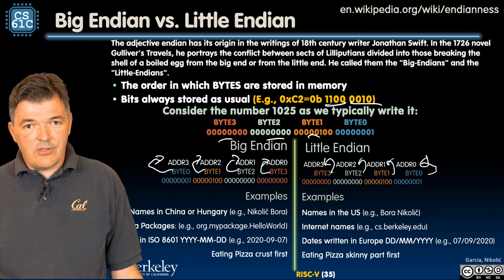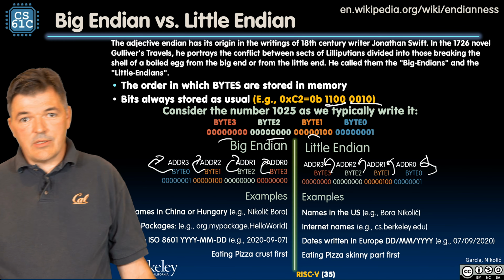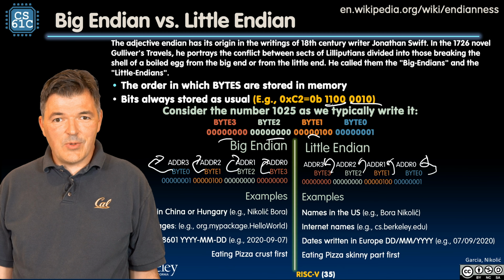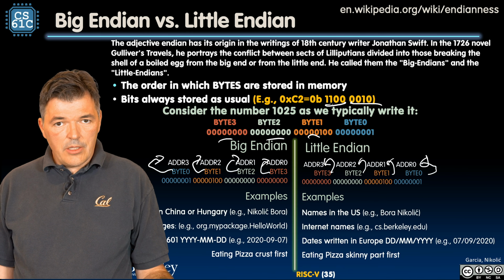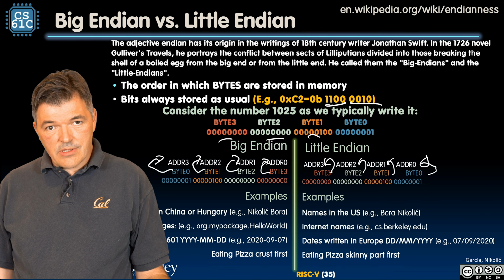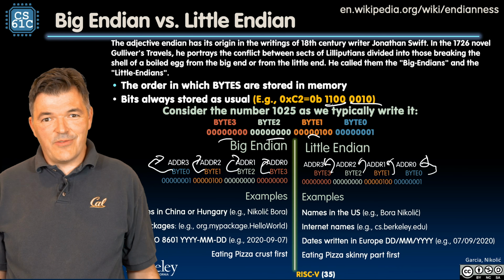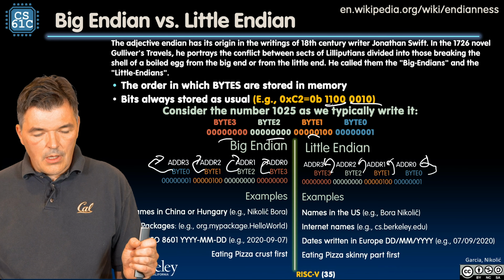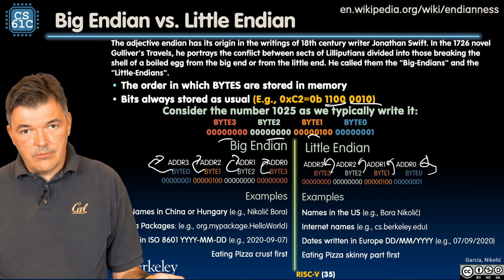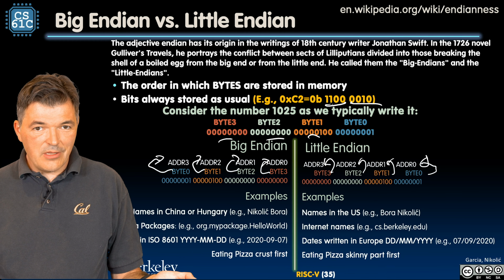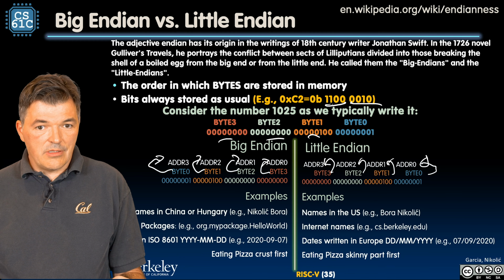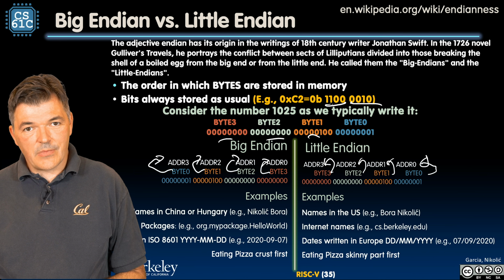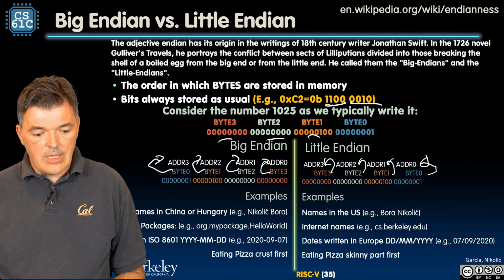If I were to write it in China or in Hungary and some other places, Finland I think as well, it would be my surname first and then followed by my first name. Java packages follow a big endian convention. Internet names follow little endian convention.